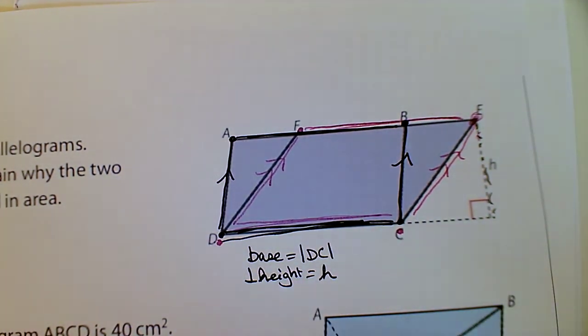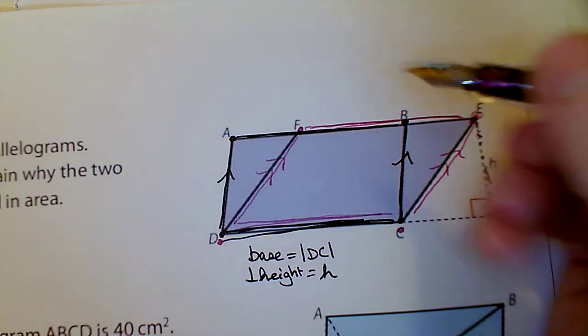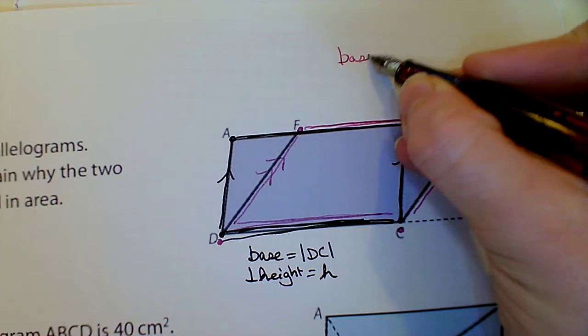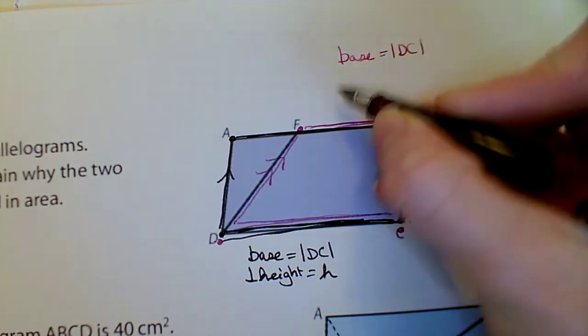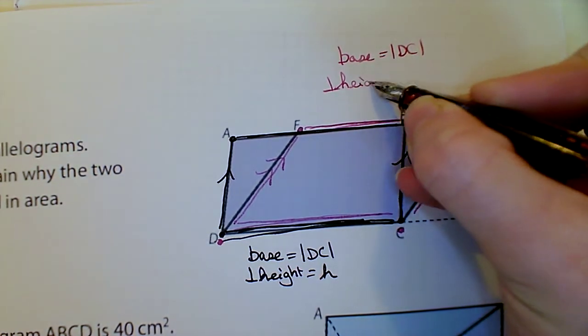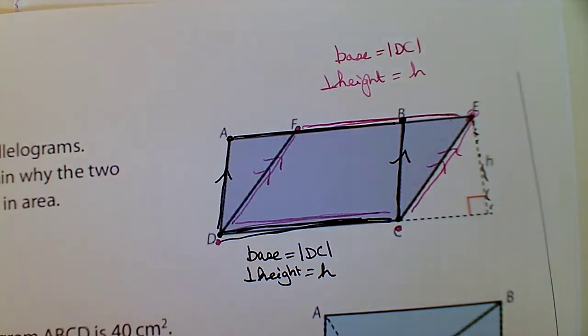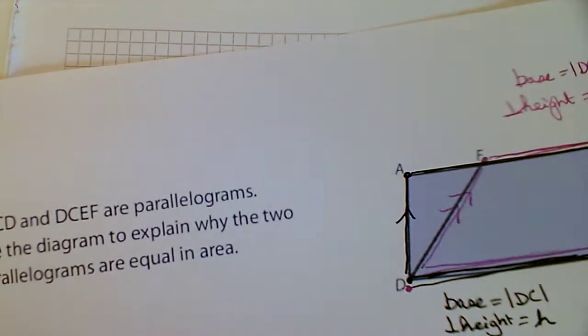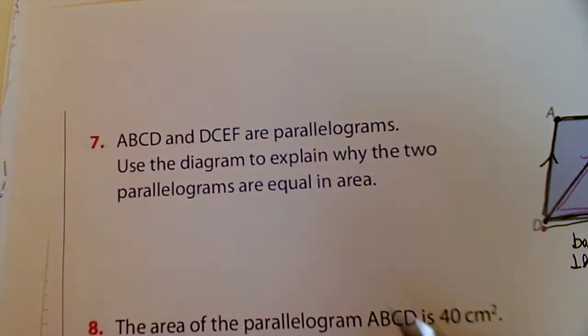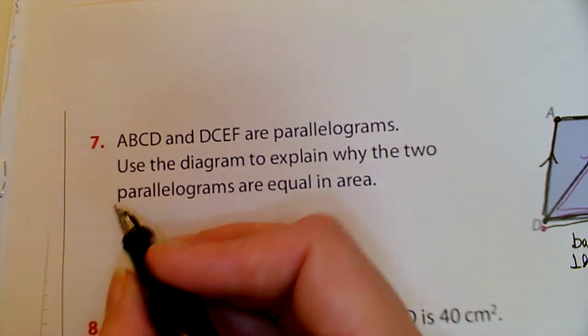DC is the base of both of those parallelograms. So in my second parallelogram, my base is DC and my perpendicular height is still the H that's marked in here. So in terms of giving my explanation, we're asked to use the diagram to explain why the two parallelograms are equal in area.